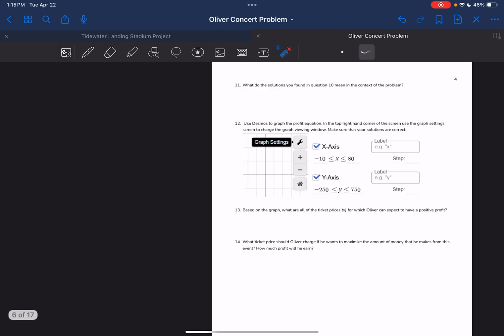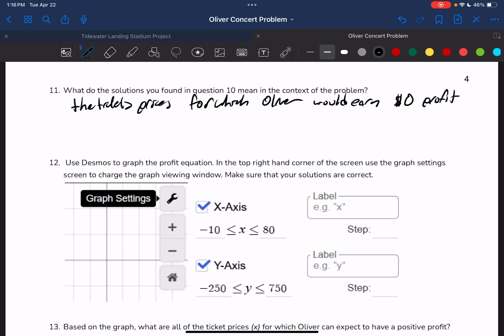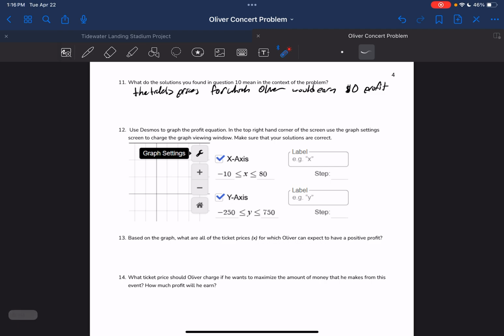And therefore, these X values are the ticket prices for which Oliver would earn $0 in profit. So now we're going to verify that using Desmos.